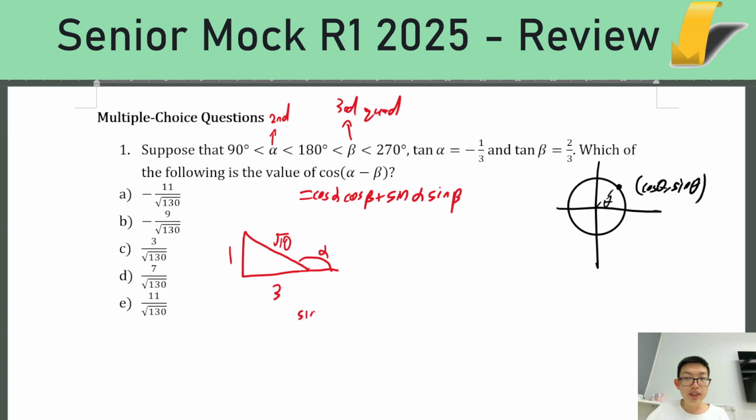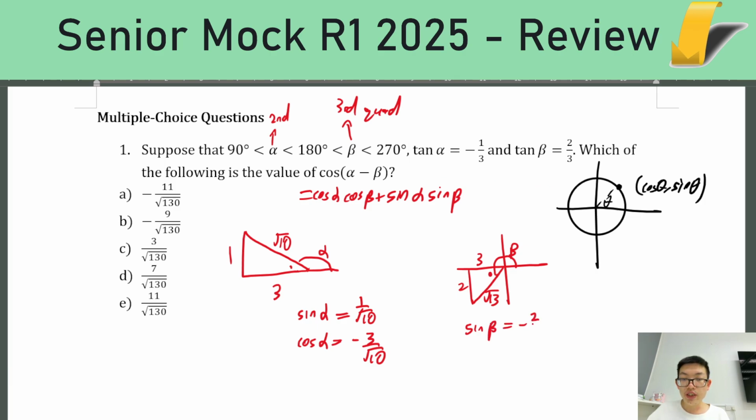You can say that your sine in the second quadrant is positive, so it is 1 over root 10, and your cosine, the x-coordinate, is negative, so it's negative 3 over root 10. For beta, this is the angle we're looking at. Third quadrant, both sine and cosine are negative, so we just read it off and put a negative there.